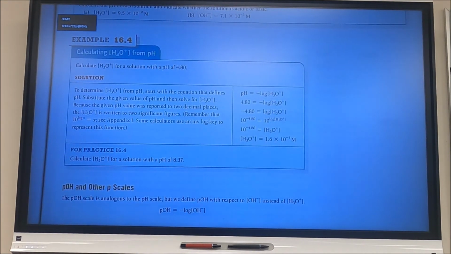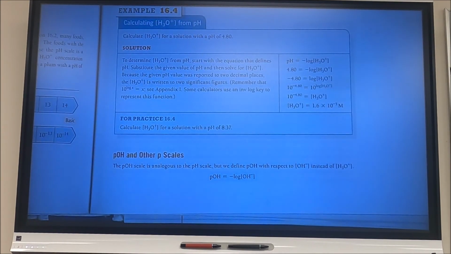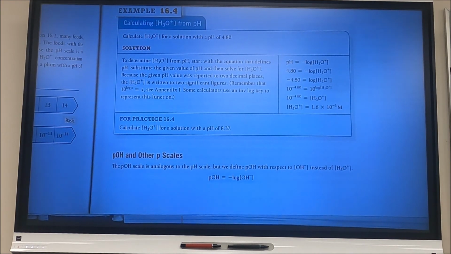So if I scroll down here, we look at problem 16.4. Okay, right there in the middle. It says calculate the hydronium ion concentration for a solution that has a pH of 8.37. So we've got a pH equal to 8.37.